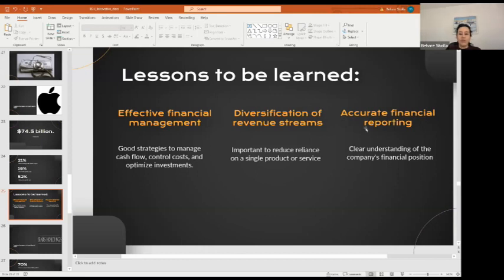And also accurate financial reporting. So why is this important? It's because the company provides understandable and clear financial statements from which we can evaluate the financial position of the company. And this is also very important for investors, because they can trust the information that is provided, because it is clear and has high transparency.